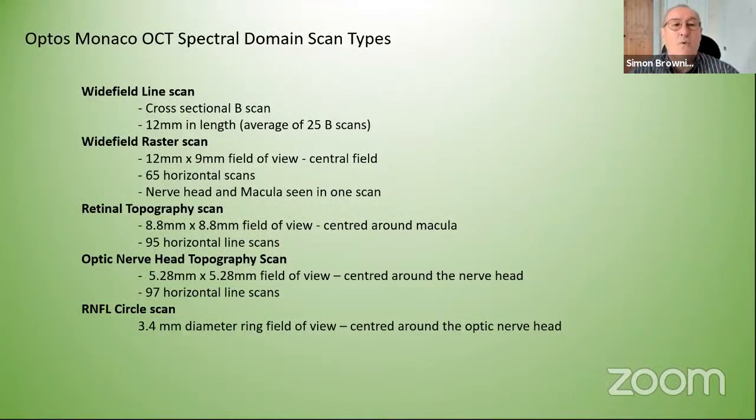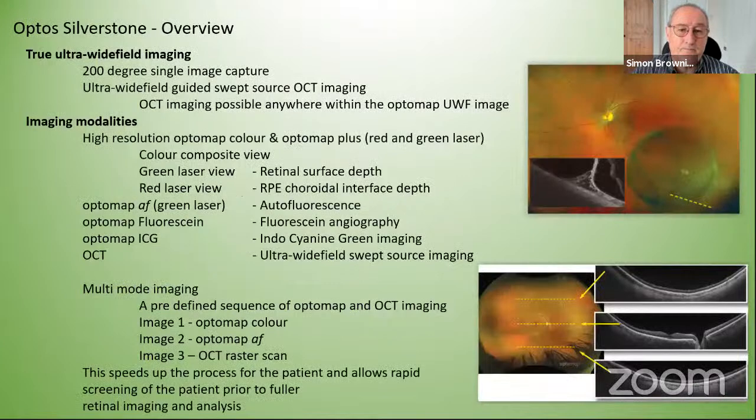So with your Monaco, you've got a wide field line scan in the OCT, a wide field raster scan, retinal topography scan, optic nerve head topography scan, and the RNFL circle scan. So quite a standard set of images available to you within that.